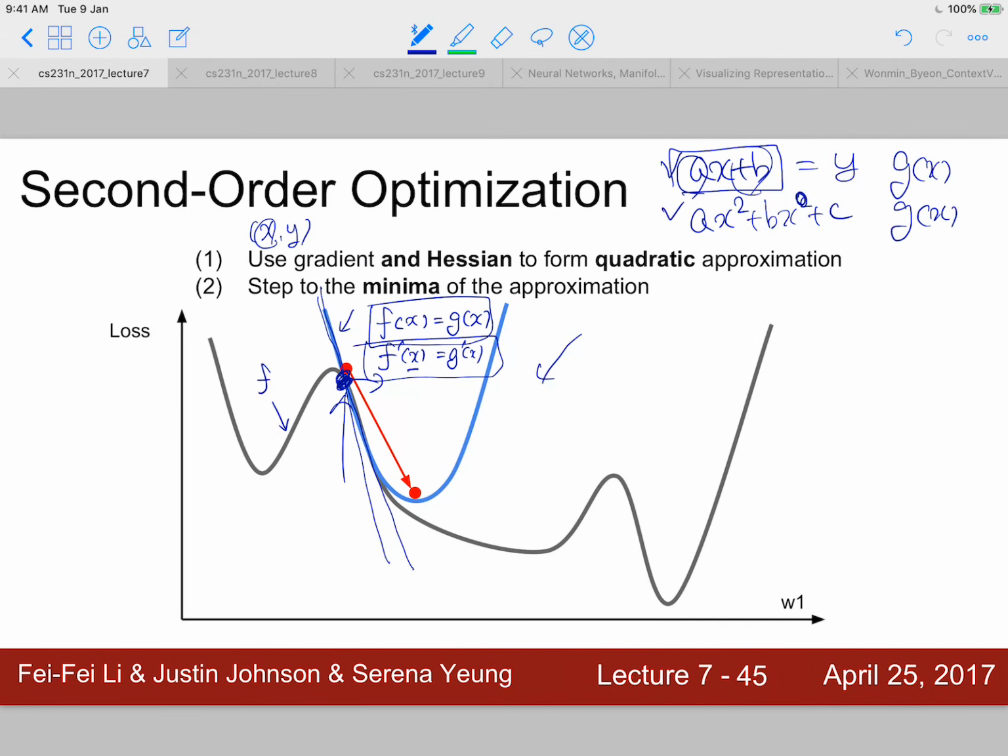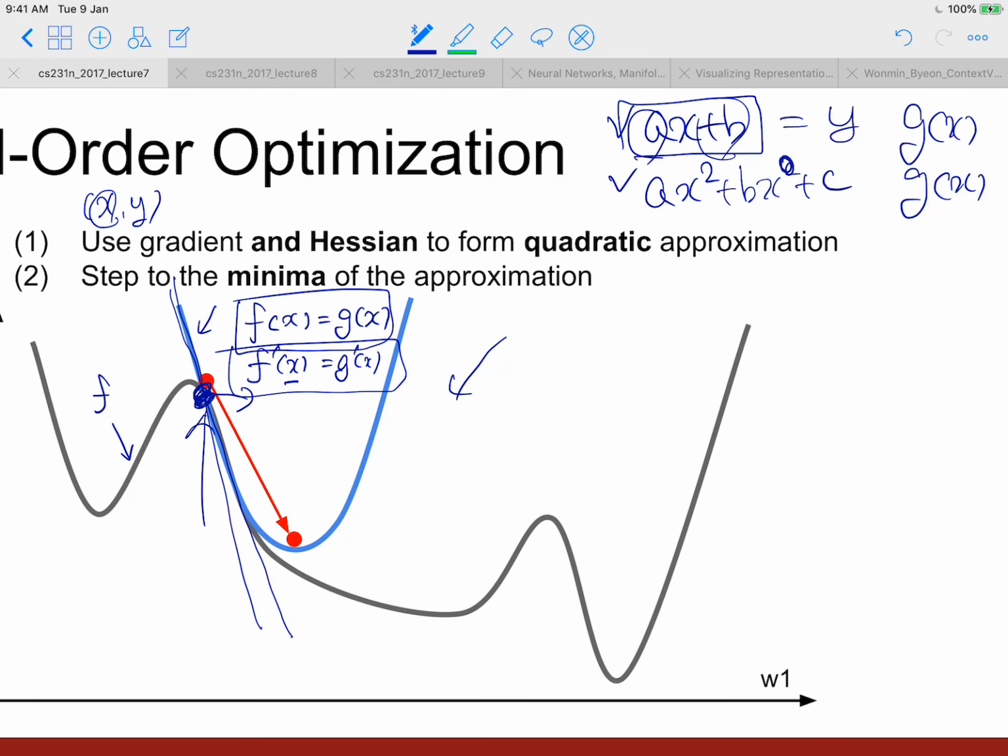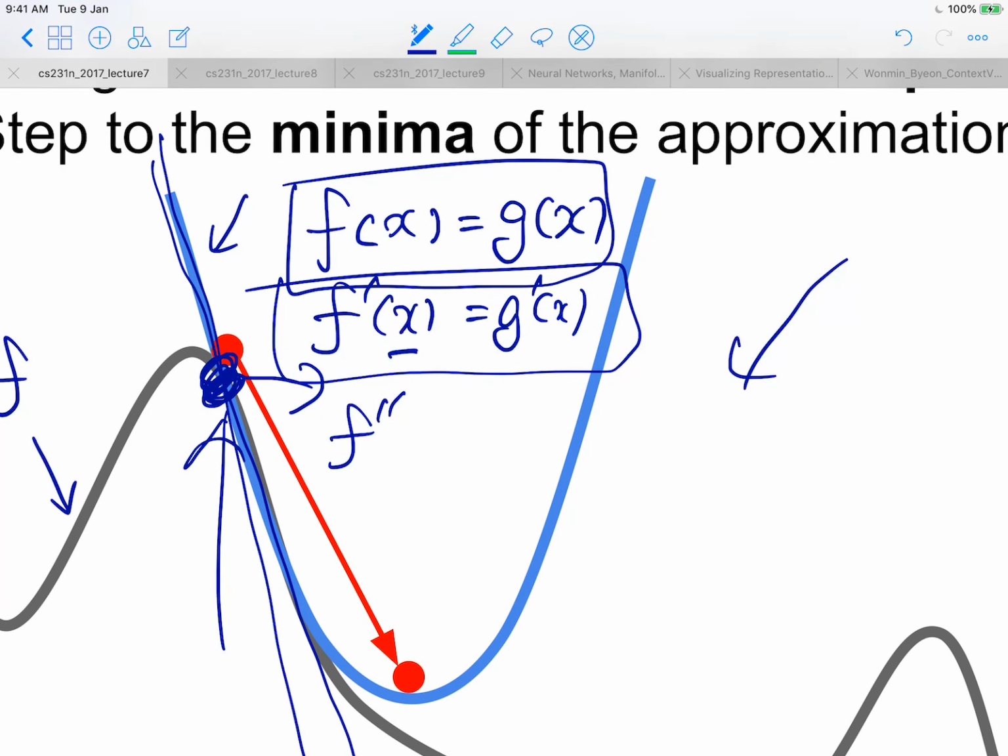But in the case of second order optimization, we basically approximate this as a second order polynomial, and we basically add another constraint or another equation like this. So in this case, the function value itself should match, and the first order derivative, which means the slope, should match, and also the degree of this increase or the acceleration, the second order derivative, should also match, right?